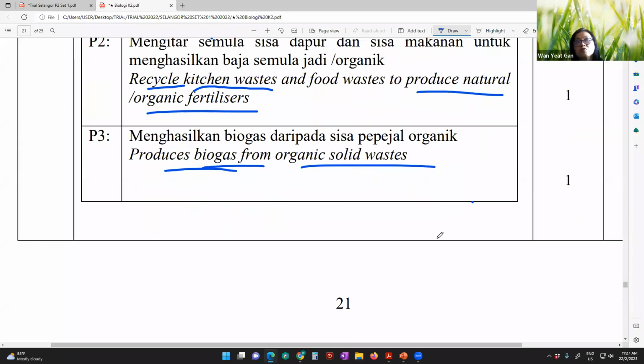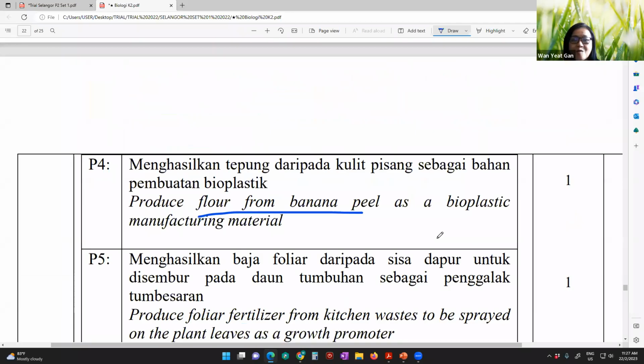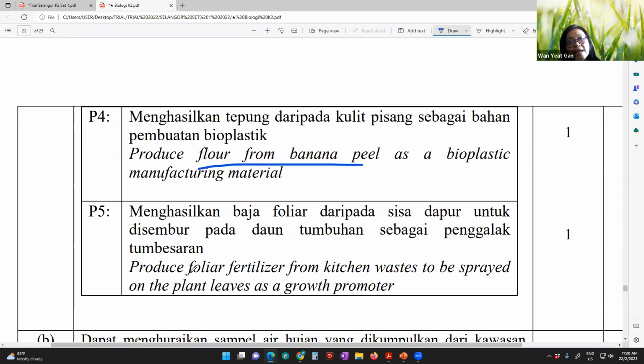Anything a housewife would throw away can be turned into something useful, like bioplastic, for example. So a housewife can collect all these banana peels and send them to a center that turns them into bioplastic manufacturing material. And lastly, of course, foliar fertilizer, which can be sprayed on the plant as a growth promoter.